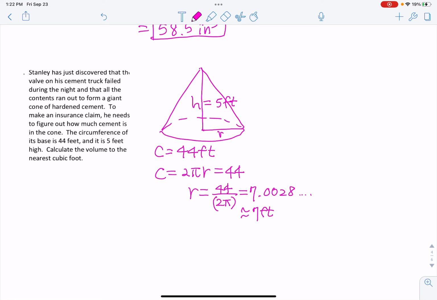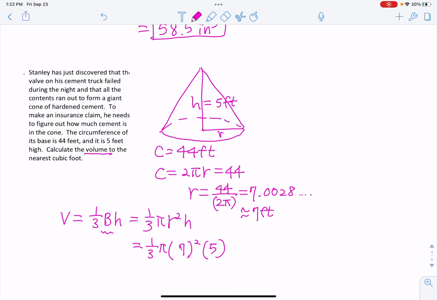And then to find the volume of the cone, the formula will be 1/3 base area times height. The shape of the base is a circle, and the area of the circle will be pi r squared, times h. So you plug it in, pi times r as 7 squared, and then height as 5.